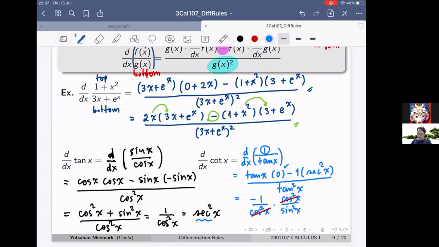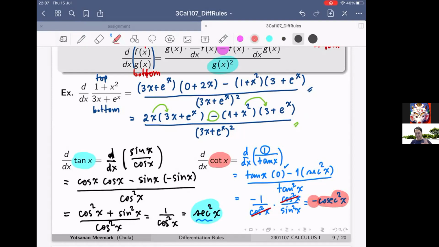And you end up with negative 1 over sine square, which is a negative of cosecant square x. Okay, so you see a derivative of tangent becomes secant square, but a derivative of a cotangent becomes cosecant square as well with a negative sign.